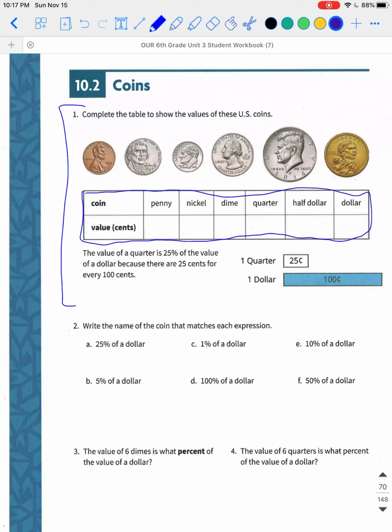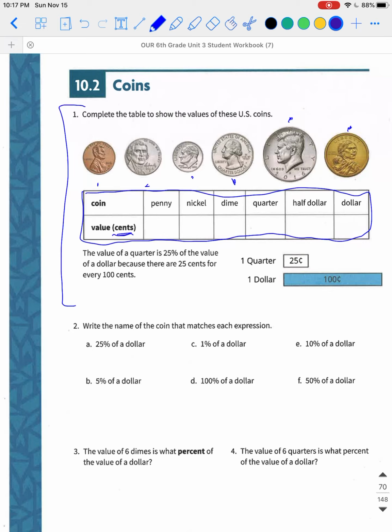We have our penny, our nickel, our dime, our quarter, our half dollar, and our dollar. Now, you may not be super familiar with the half dollar and dollar, but they are coins that you can use in the United States.